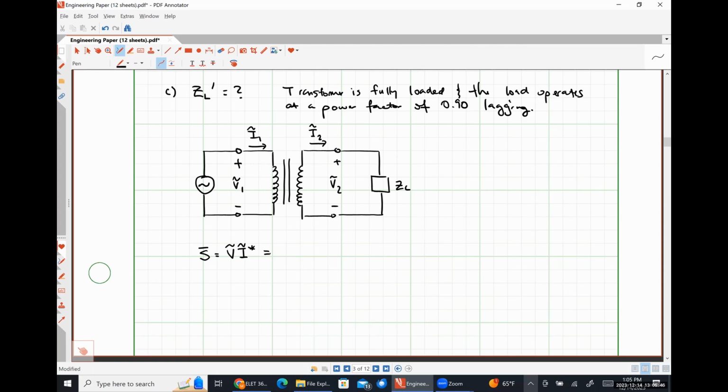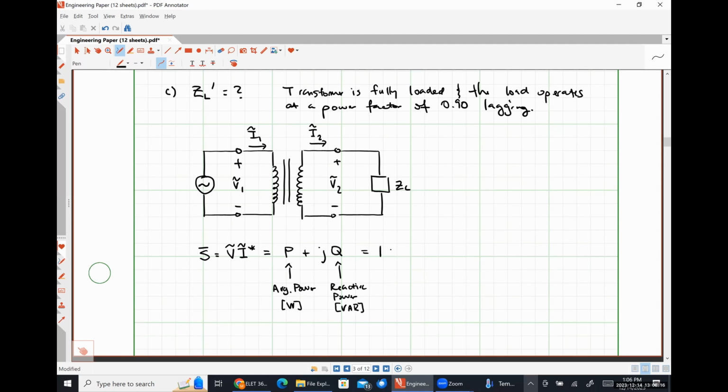It can be expressed in rectangular form as average power plus reactive power. So let me write this down. This is average power measured in watts. This is reactive power measured in VARs.